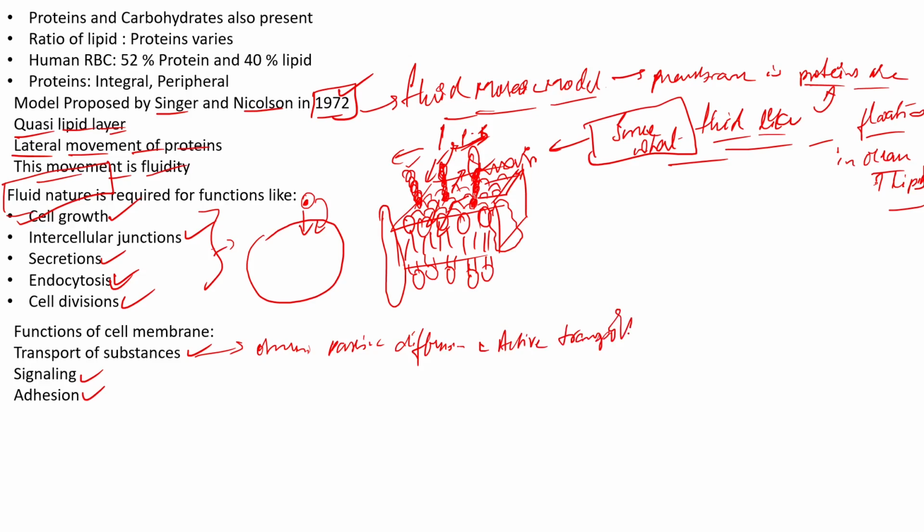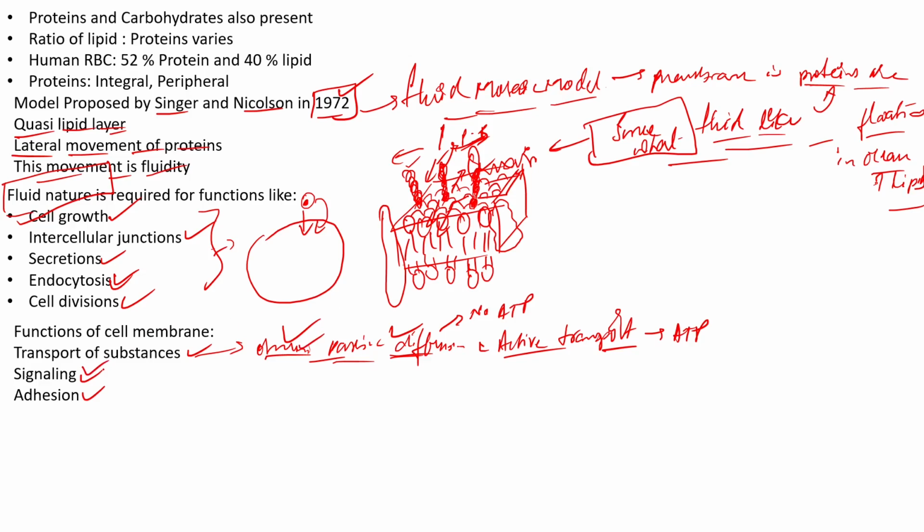You will study these mechanisms in more detail in the chapter on transport in plants. In a nutshell, active transport requires energy, that is ATP. Passive diffusion is the movement of substances from a region of higher concentration to lower concentration, and it does not require ATP or energy. Osmosis is the movement of water molecules from a region of higher concentration to lower concentration.